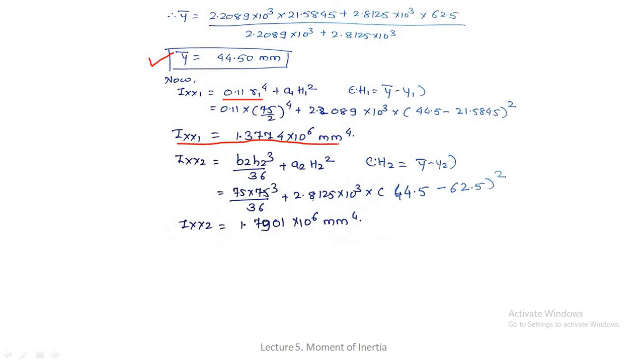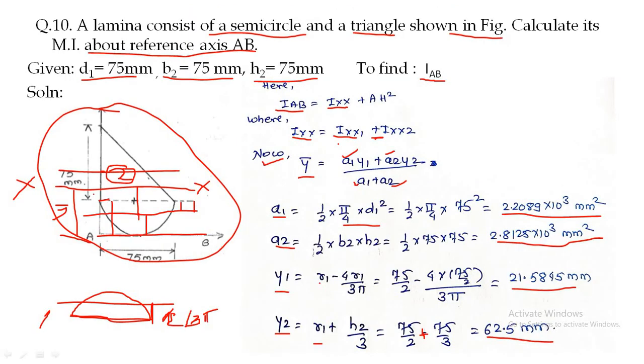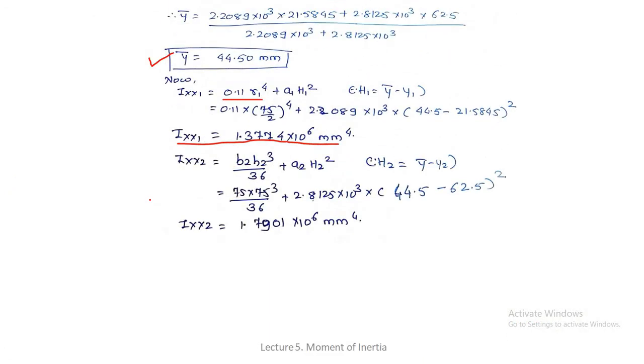In the same way, we are going to find Ixx2. Ixx2 is the moment of inertia of the second plane about the horizontal centroidal axis of the whole plane. The centroidal axis of the second plane is parallel to the centroidal axis of the whole plane, so we need to use the parallel axis theorem.